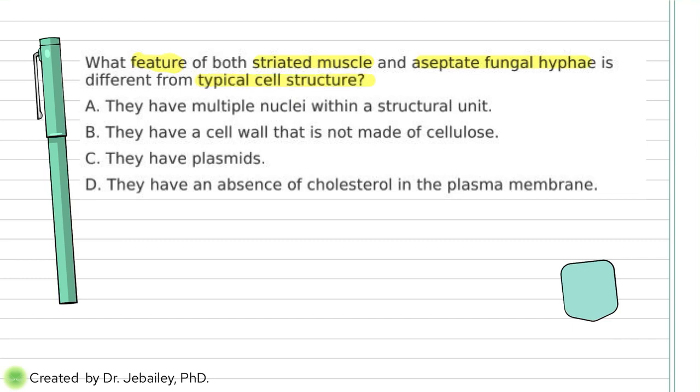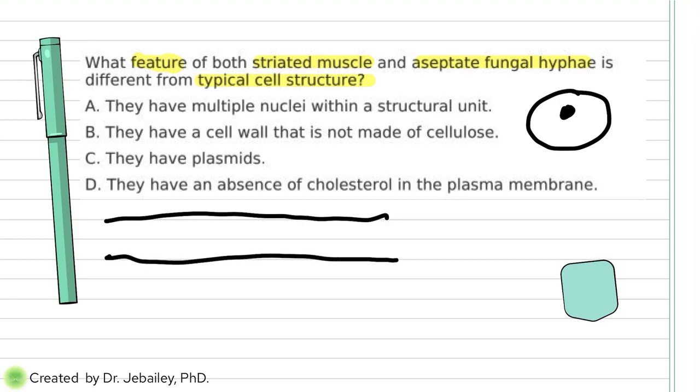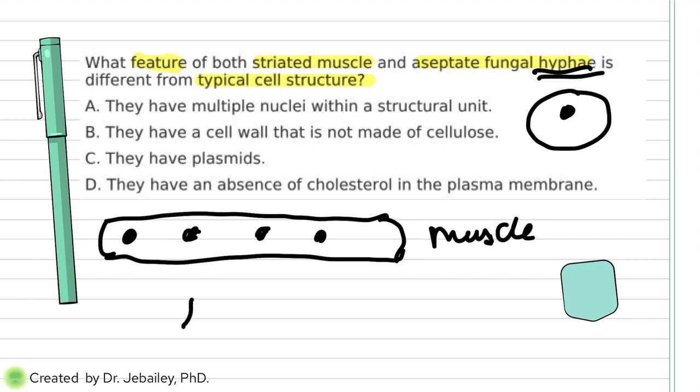Now, a normal cell usually will be just a nice little circle with the nucleus inside. We already know that striated muscle is a bunch of cells that came together as one, so now they are made of multinuclei. That's what a muscle is. Now, what about the hyphae? Hyphae is usually found under the tree where there's the fungus, right?